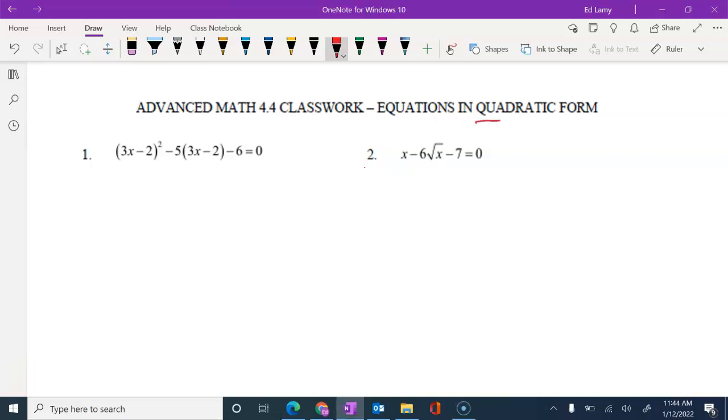So to be in quadratic form, that's ax squared plus bx plus c equals 0. If we can make it look like that, we can usually factor it or solve it in some other way, with our quadratic techniques.